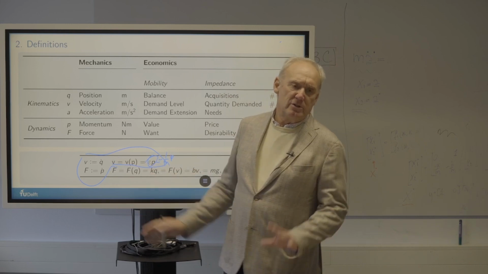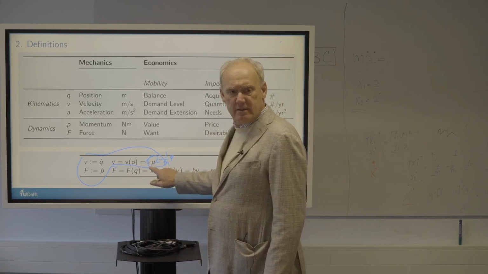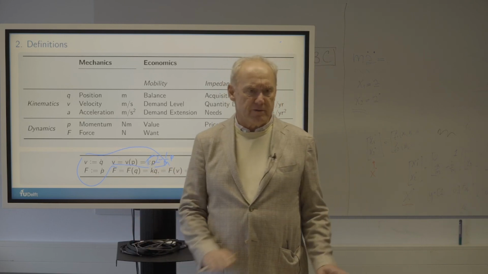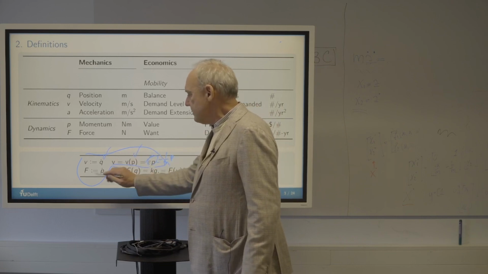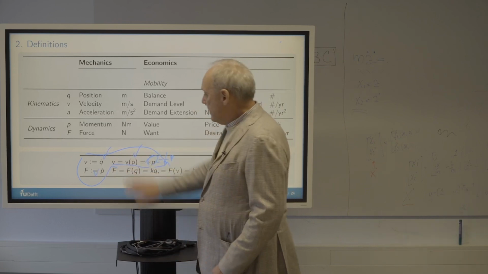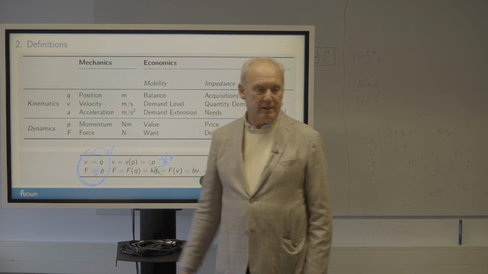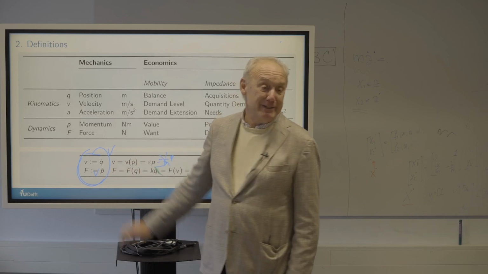You can drop this too, like in quantum mechanics or relativity, and you have photons that have no mass and all this. But for regular cases, these are all taken as true. You can drop this, but these two always remain true. Sometimes you have to change the definition of time and space a little bit.